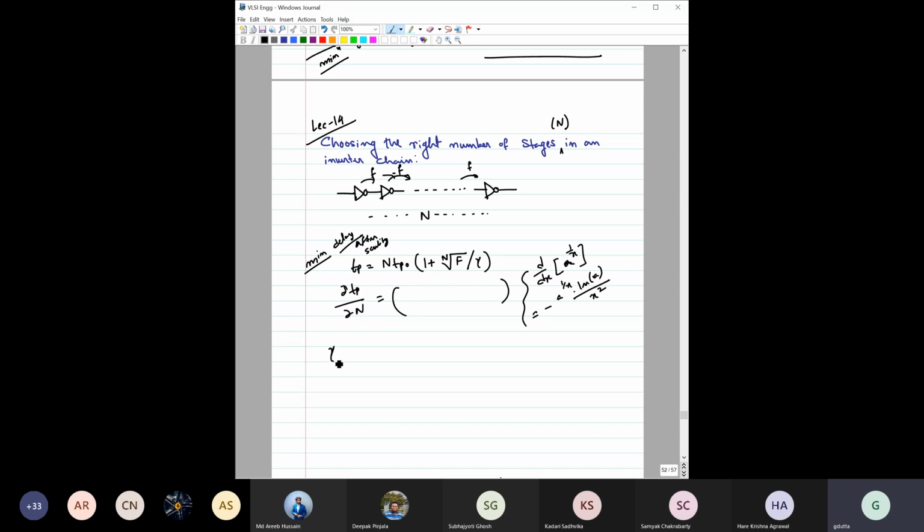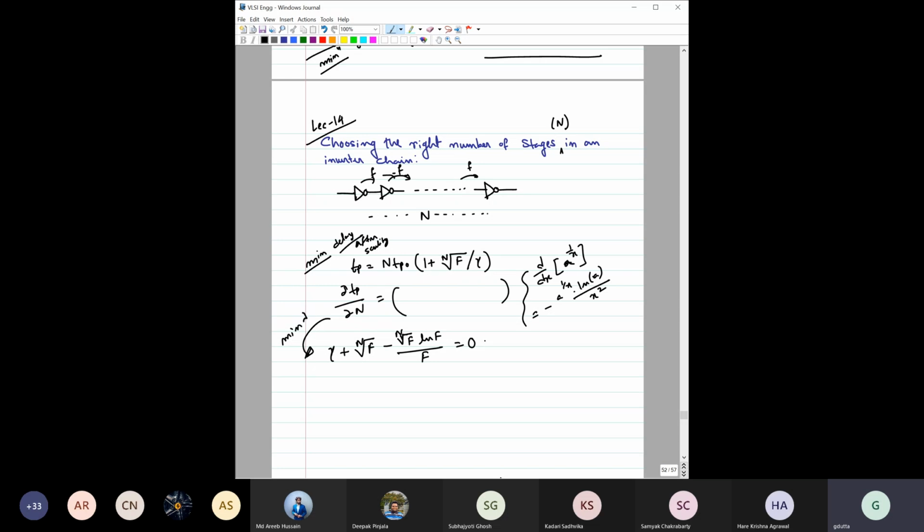So the final expression, if I have to write, comes out to be gamma plus nth root of f minus nth root of f ln of f by f, that would be equal to, right?